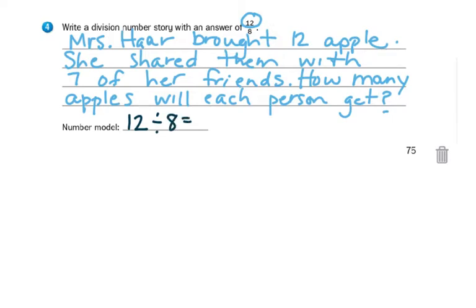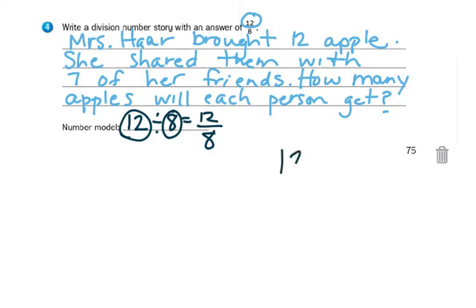So what's my answer? This becomes the numerator. This becomes the denominator. So on this one, you need to remember that when you're dividing, the dividend is the same as the numerator.